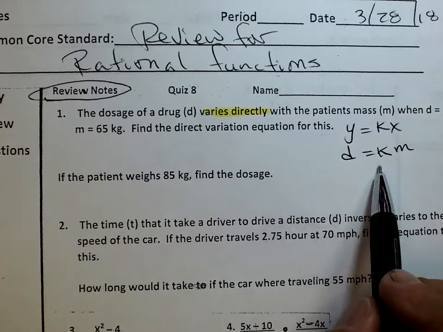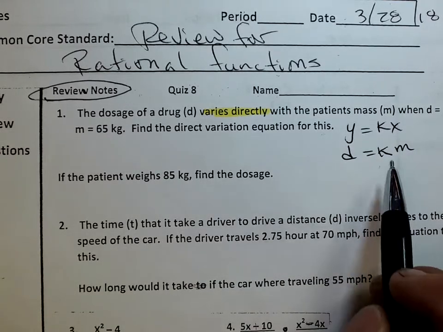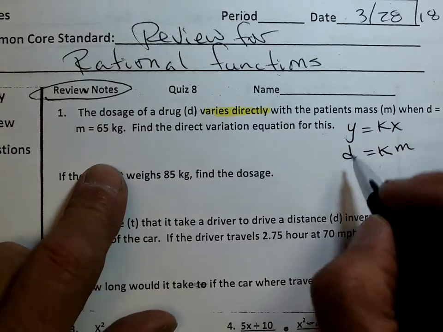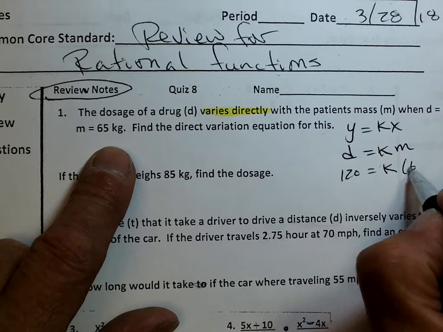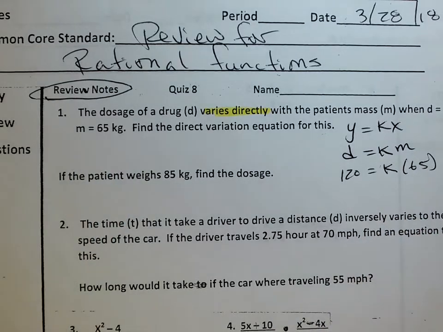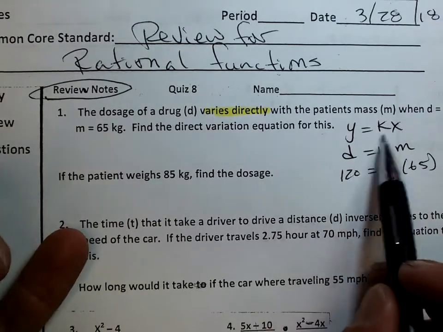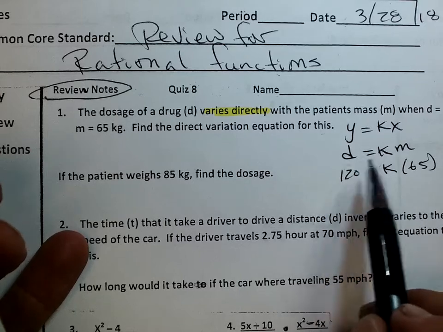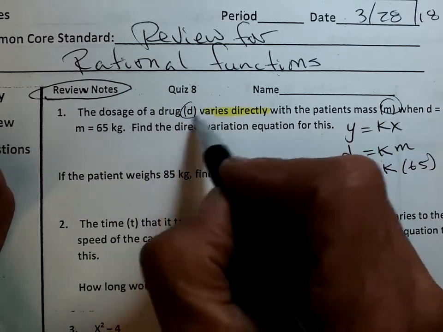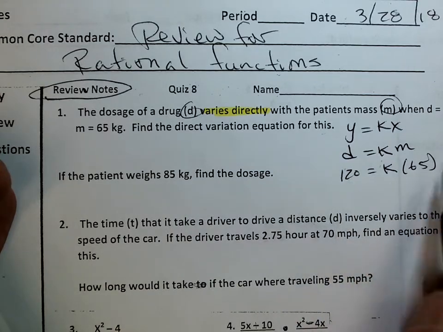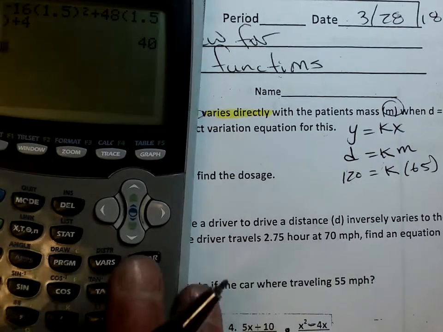So what we need to do is first find k. That's easy. Let's plug in 120 for D, and we'll plug in 65 for the mass, and just solve. Instead of y equals kx, we'll use D equals k times M, because let's use the variables we have. Plugged in 120 for the D and 65. Let's solve. Grab my calculator.